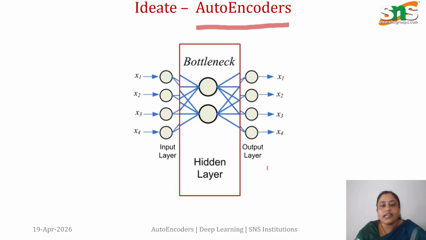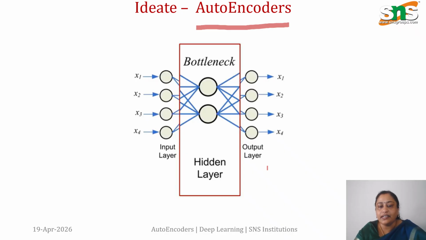The encoder compresses the information, so that only the meaningful information is present in your bottleneck layer. The compressed information is then passed on to your output layer, which tries to reconstruct the same as the input layer.